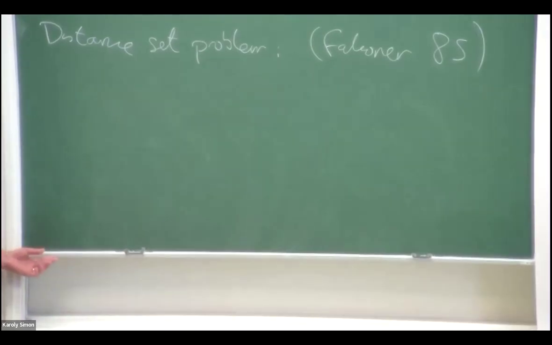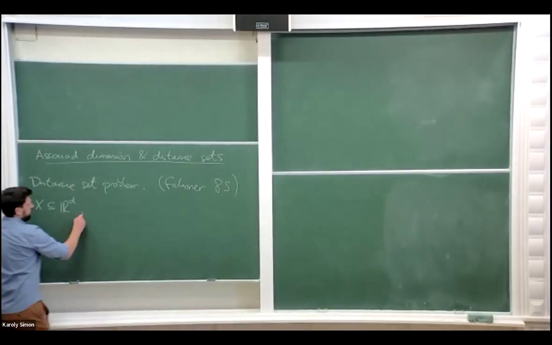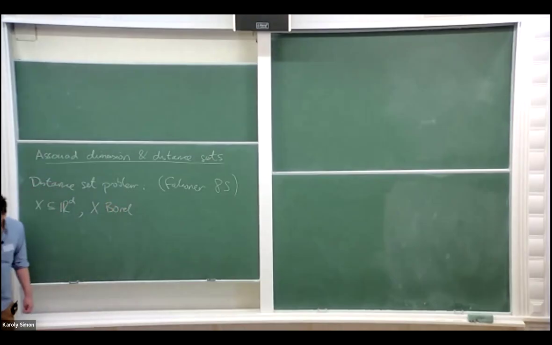So the basic problem is I have a set X in R^d. Throughout the whole talk, X is Borel. And it's even going to be compact later on. You lose nothing if you think X is compact the whole way.